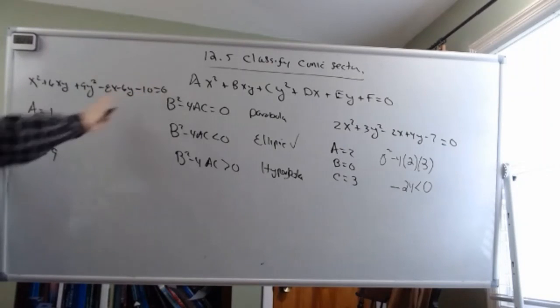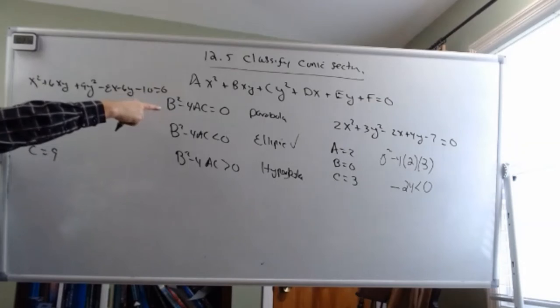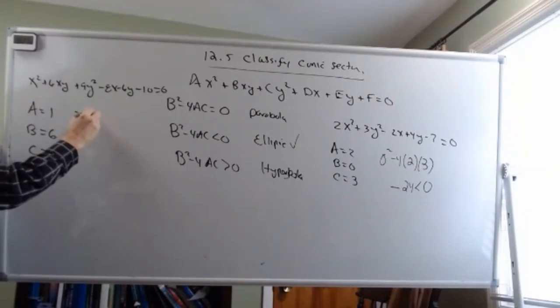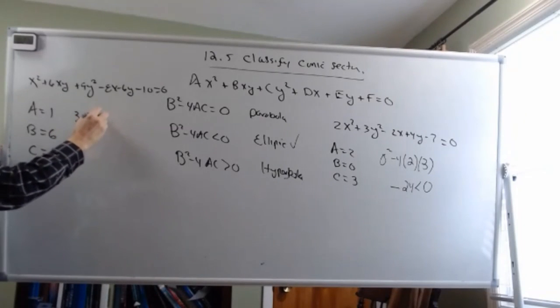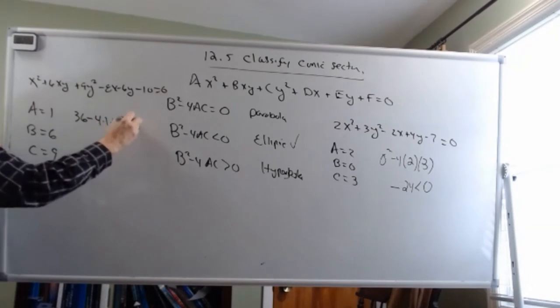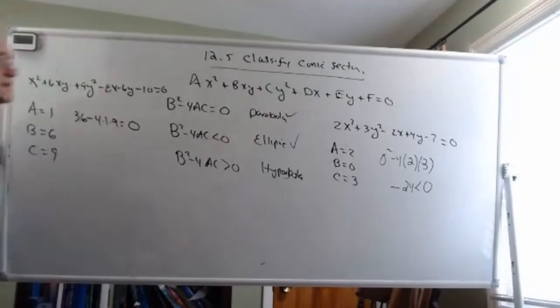I don't care about the other ones. I'm only caring about the first 3. So now if I plug it into my relationship over here, 36 minus 4 times 1 times 9, 36 minus 36 gives me 0. This is an equation of a parabola.